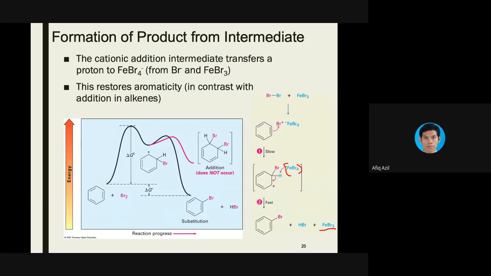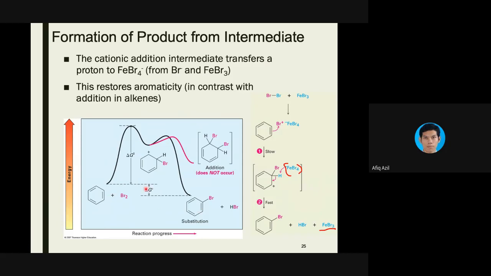If you look at this energy level diagram, you have the addition and substitution reactions. If you want to obtain the addition product, as you can see in the diagram, the one in pink is at a very high level compared to the substitution product.